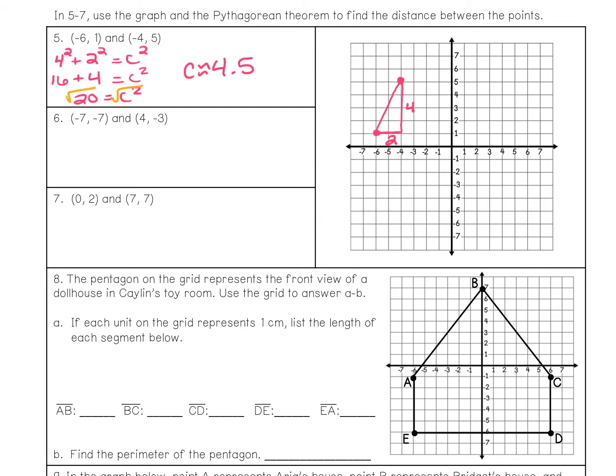Looking at number 6, they gave me -7, -7, and 4, -3. Now I need to draw my straight sides, so I'm going to go straight over and then straight up. I have a leg of 4 and a leg of 11. So 4 squared plus 11 squared.